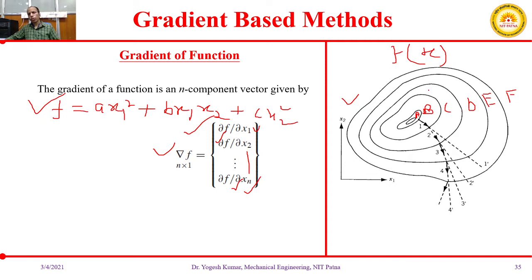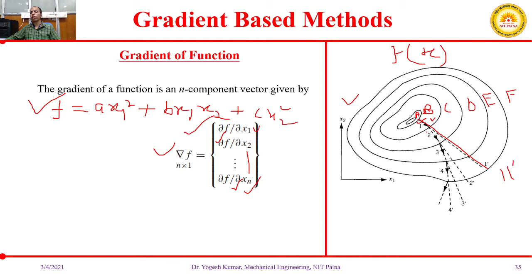If you want to take the gradient at any point, suppose I want to take a gradient at point 1, obviously the gradient will be normal to this particular surface. If I take the gradient at this point, this gradient direction is represented by 1, 1 dash. This is the gradient direction at point 1.